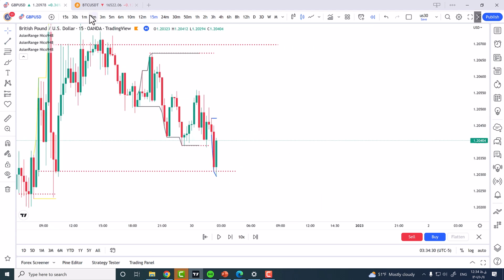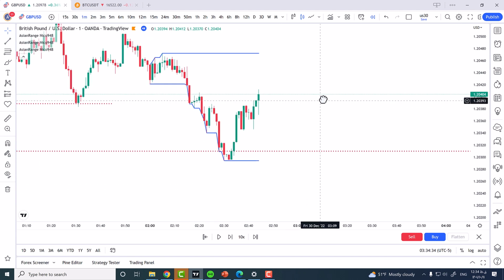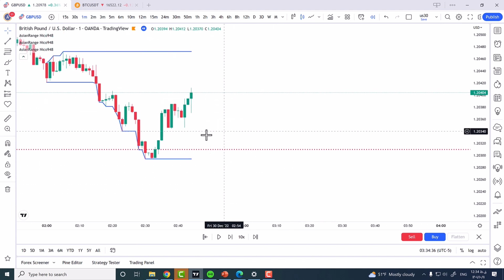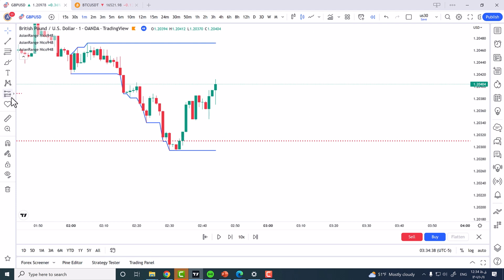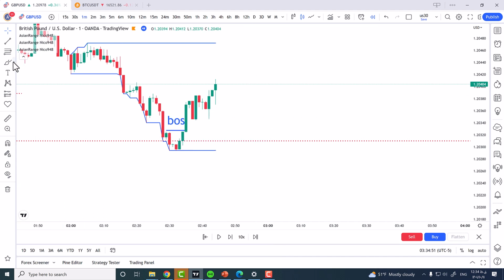But we can see here it came down, grabbed that liquidity, and we want to try to grab our kinds of setups. If you want to trade with only shift and imbalances, you can see that here we have our shift. Here the market shifted to the upside, and here we have our imbalance, from here to here.